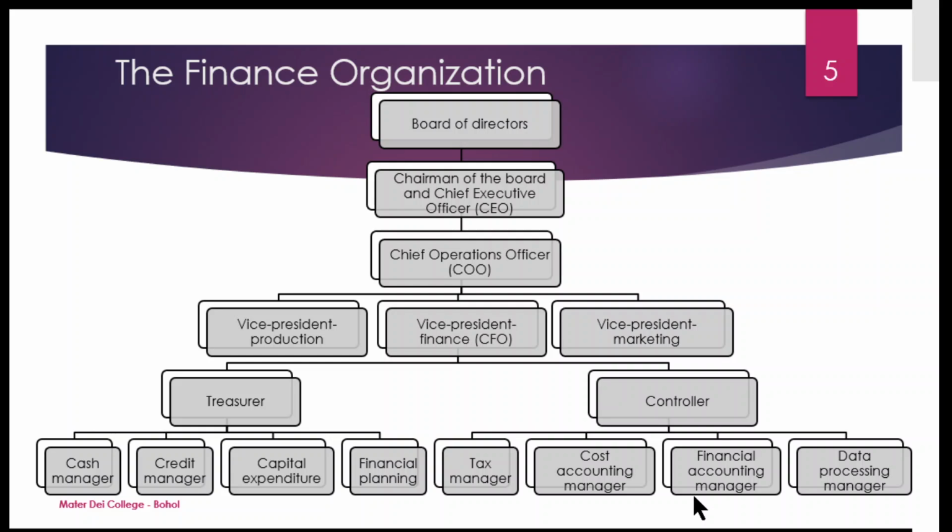So the finance organization includes the topmost in the administration. We have the board of directors, and then from the board of directors we have the chairman of the board and the chief executive officer. In some companies they separate these roles.